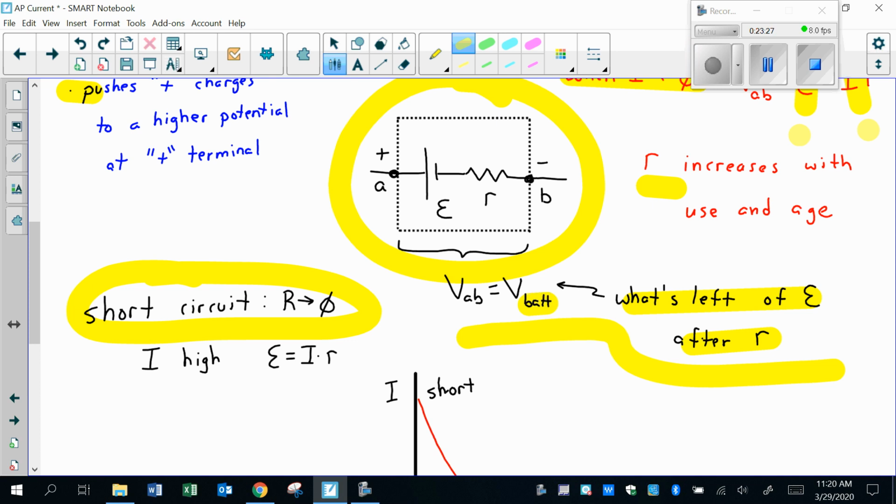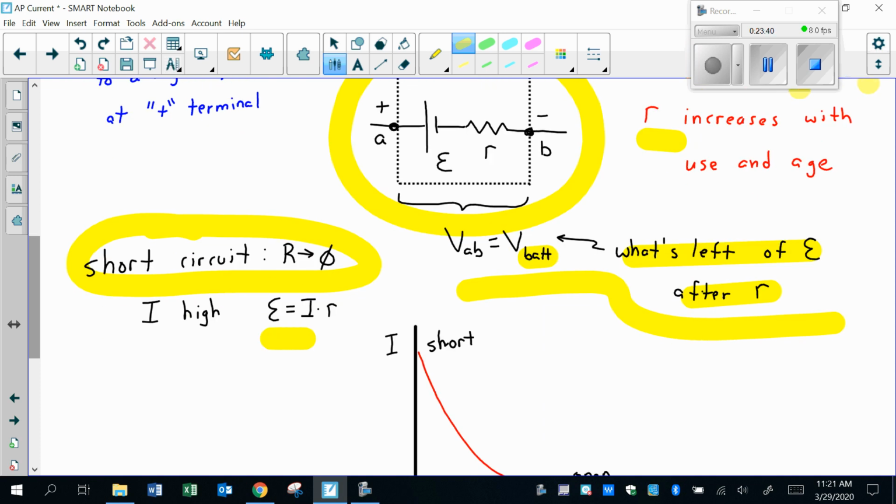So what happens with the short circuit is you have very low resistance, which means your current, V equals I times R, your current goes really, really high. And when it goes really, really high, this internal resistance will take away basically all of your energy, because I is going to reach a very, very large value. It's going to reach a value high enough that I times R on the right is going to equal the EMF on the left.